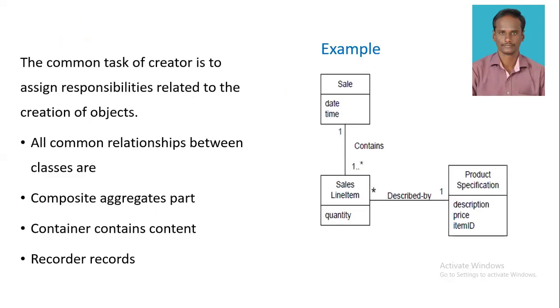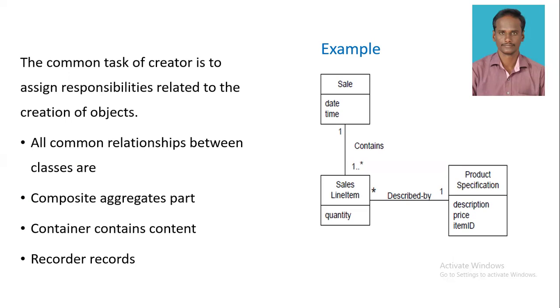The common task of creator is to assign responsibilities related to the creation of objects. Common relationships between classes are composite aggregates part, container contains the content, or recorder records the content.